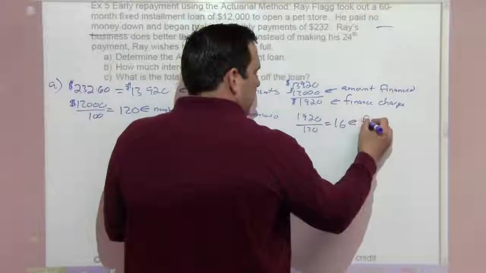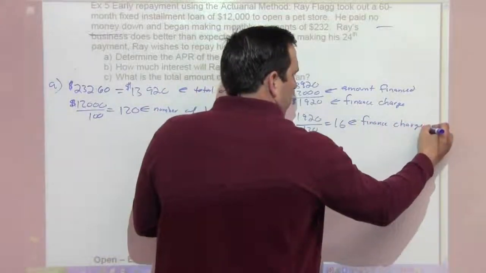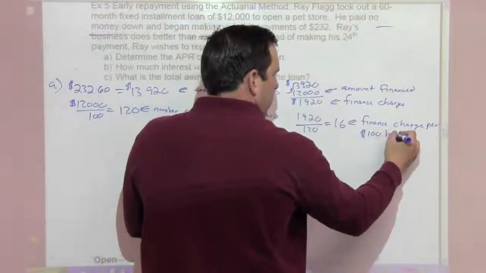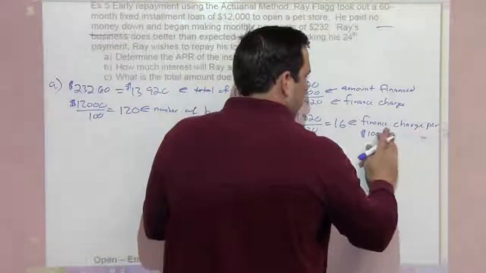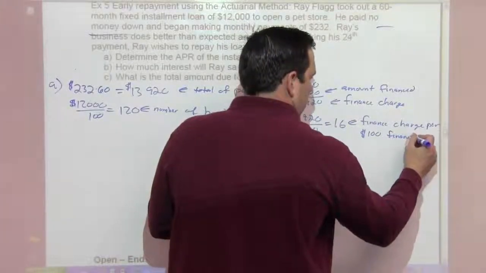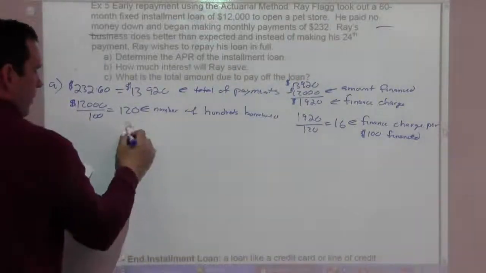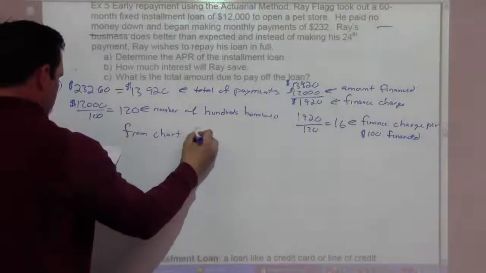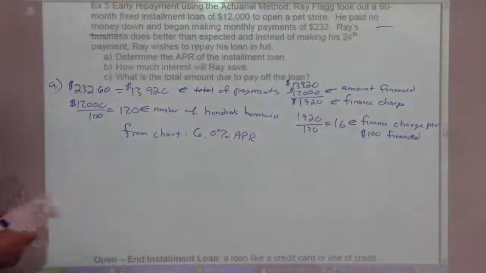This is our finance charge per $100 borrowed, or I should say financed. So from the chart, that's a 6% APR. I'm not going to go back to the chart, you guys. I hope we can see that by now.